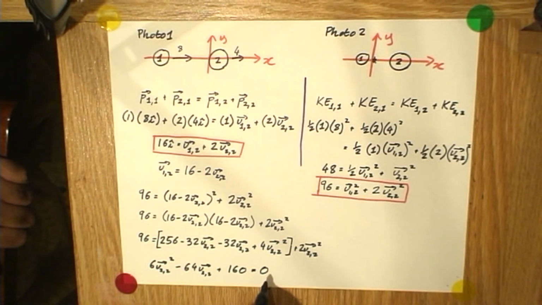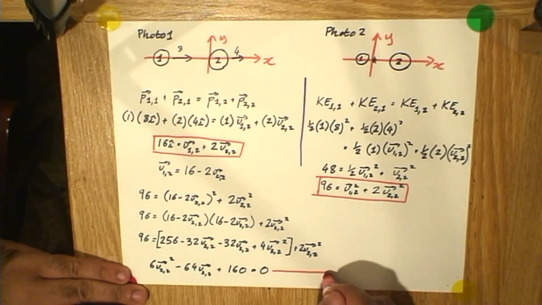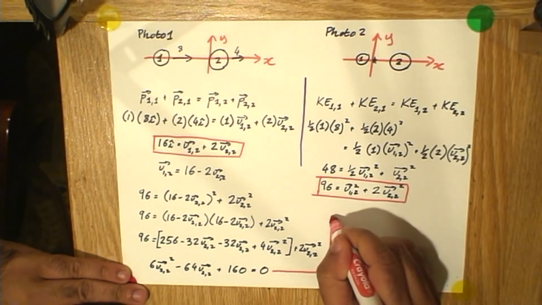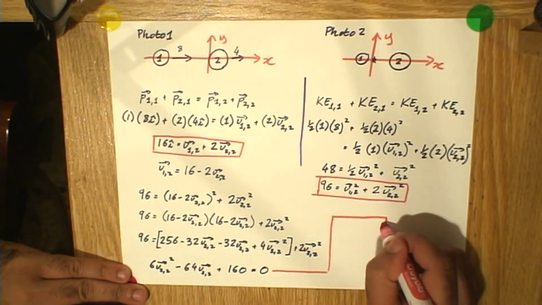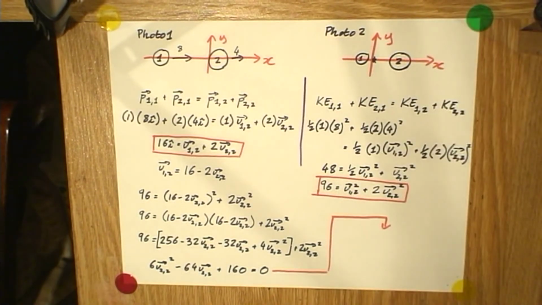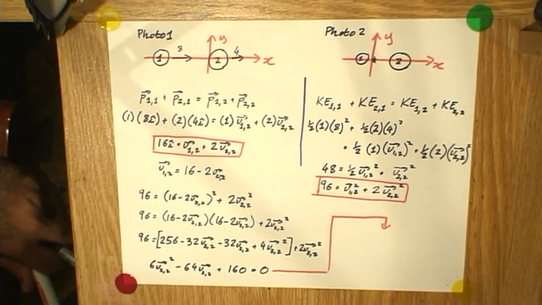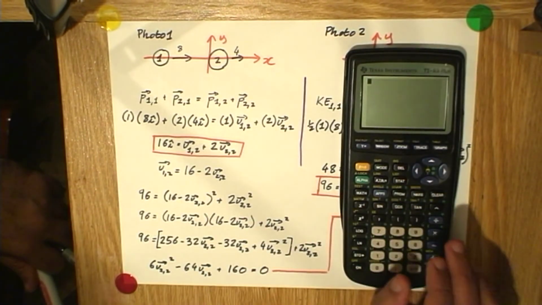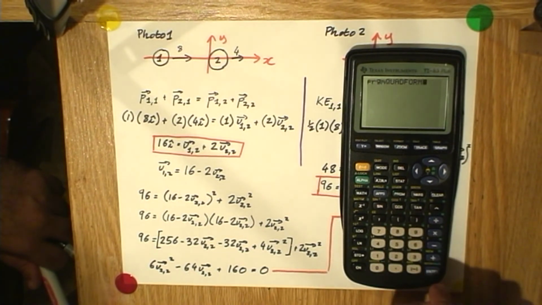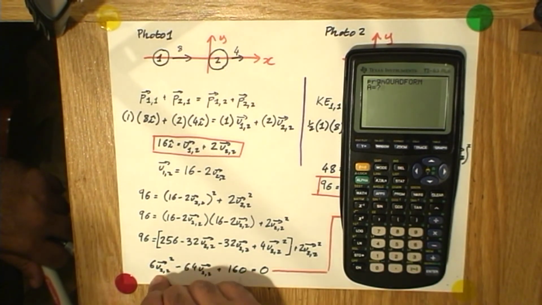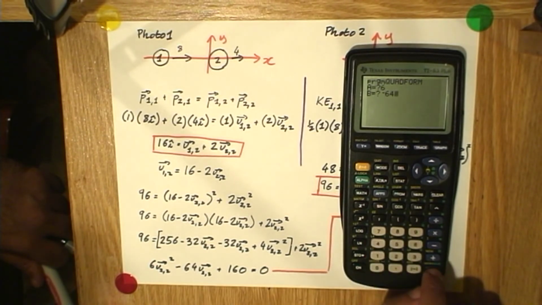This is a quadratic equation, and I could write out the full quadratic formula in order to solve this out. However, due to space limitations, I won't be able to fit that all on this sheet of paper. So, on the assumption that you guys know how to solve the quadratic formula already, I'm going to use my calculator and solve it for us. So, the value of A is 6, the value of B is negative 64, the value of C is 160.